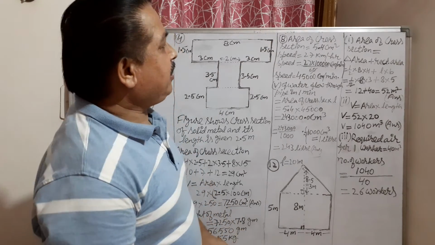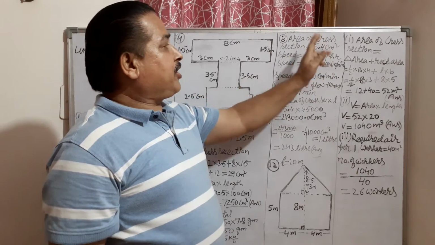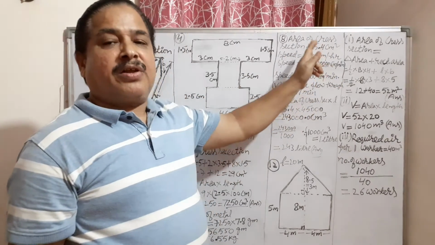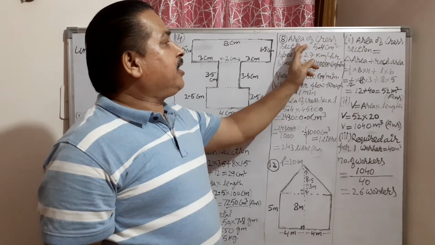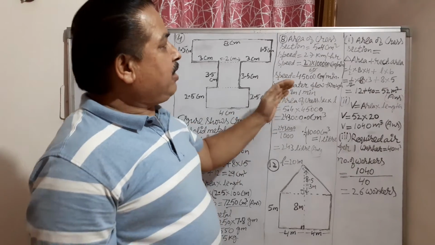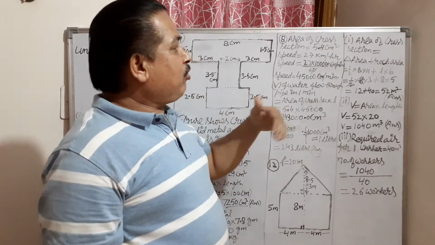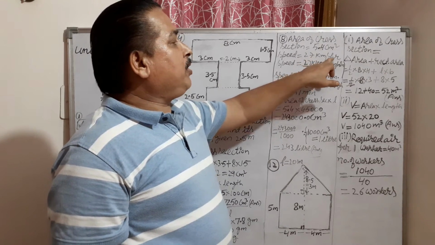In question number 8, there is a pipe and the cross section of the pipe is given as 5.4 centimeter square. The area of cross section is 5.4 centimeter square, and water is flowing through the pipe. That speed is given as 27 km per hour.